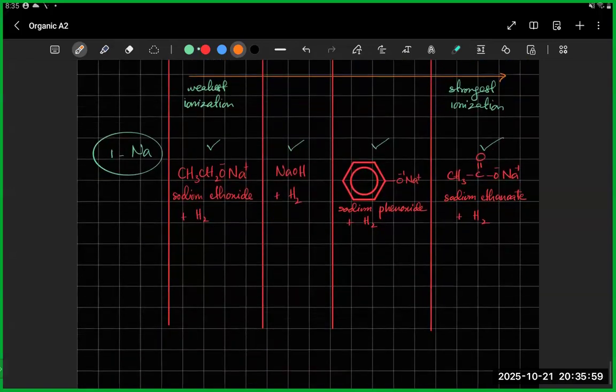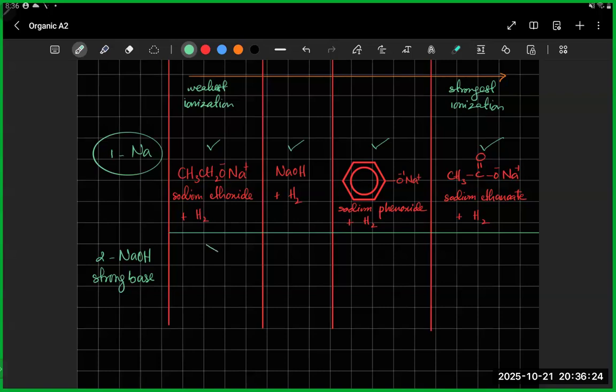The second reaction is with NaOH. So what happens when they decide to react with NaOH, number two, which happens to be a strong base? In this case, what happens is that the first one does not react.